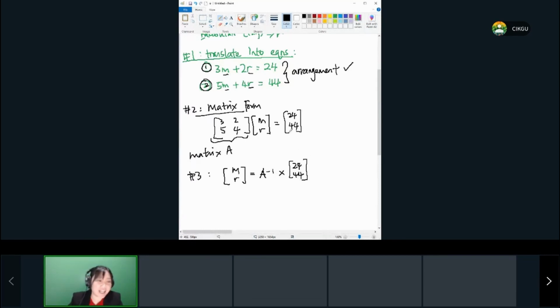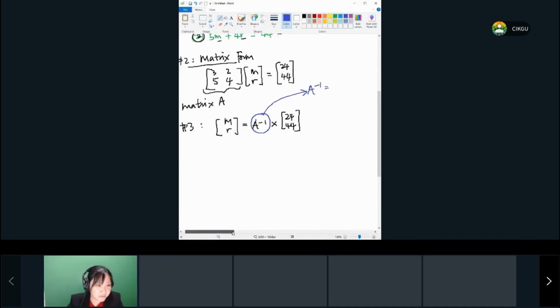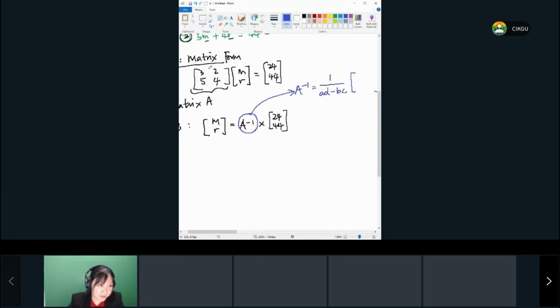Now again, same old trick. Must find what is the inverse first. I put it at the side here. How to find inverse? Go to the formula sheet. Given 1 over AD minus BC multiplied by these two. Actually, I like to do this one first because this one is easy. Remember our ABCD is this order.